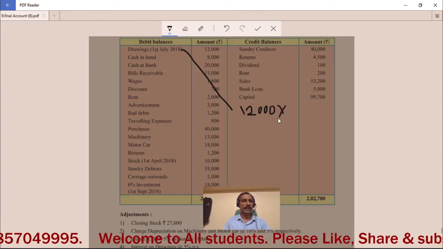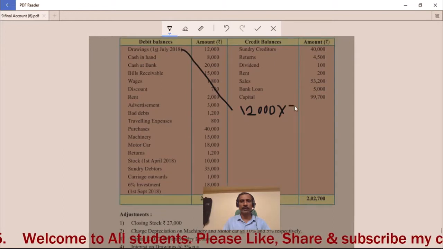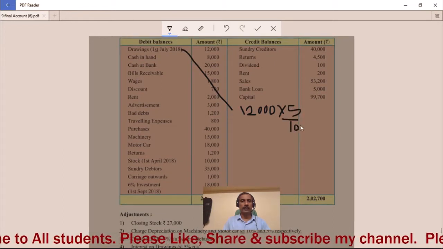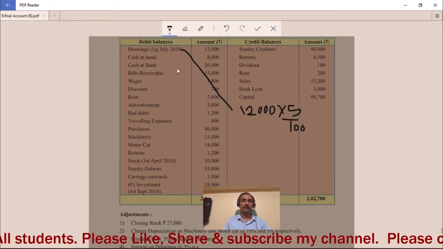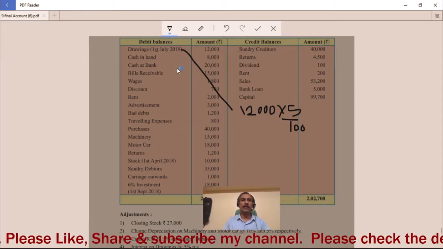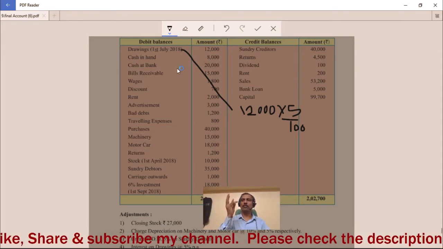So what is the rate? Here the rate is given as 5%. So 5% means 5 upon 100. So the duration from 1st July will be 9 months: July, August, September, October, November, December, January, February, March.